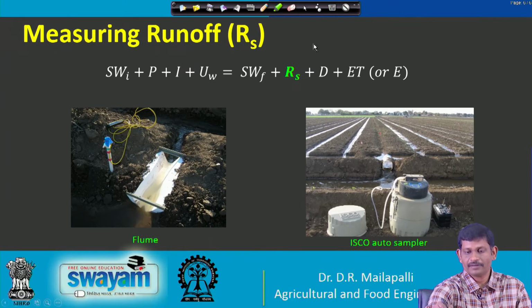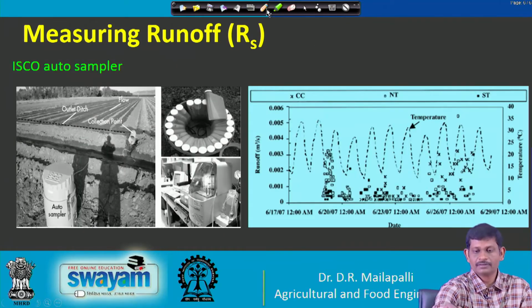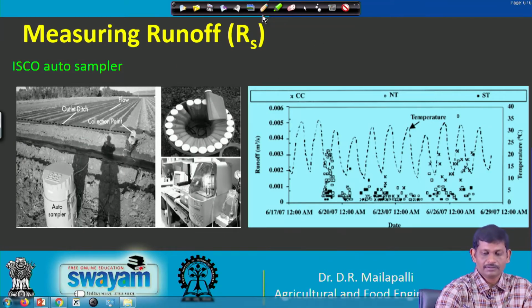So, this is the ISCO sampler. The ISCO sampler has different bottles inside to collect the sediment samples. It can collect sequential samples or composite samples. So, you see here, this is the furrow irrigation collection point and flow going from top to bottom. This is the ditch.